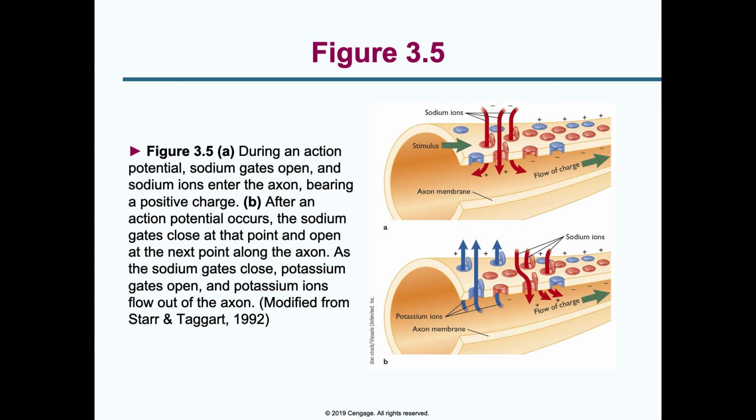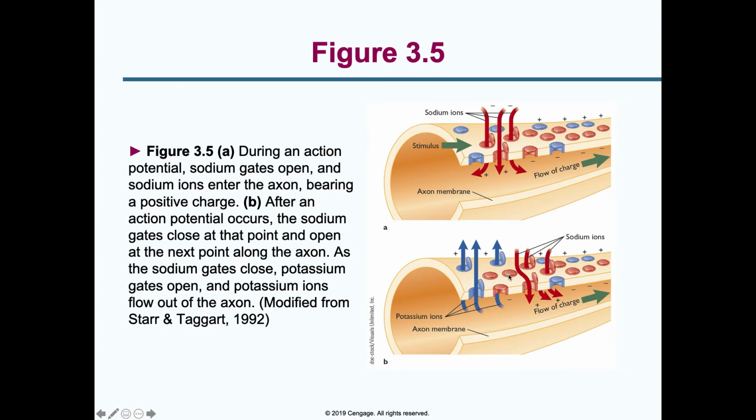If you look on the top right here, these red arrows going down in these three gates, they open and sodium ions go into the axon, and then they distribute throughout, the charge being consistent and strong without changing the strength.